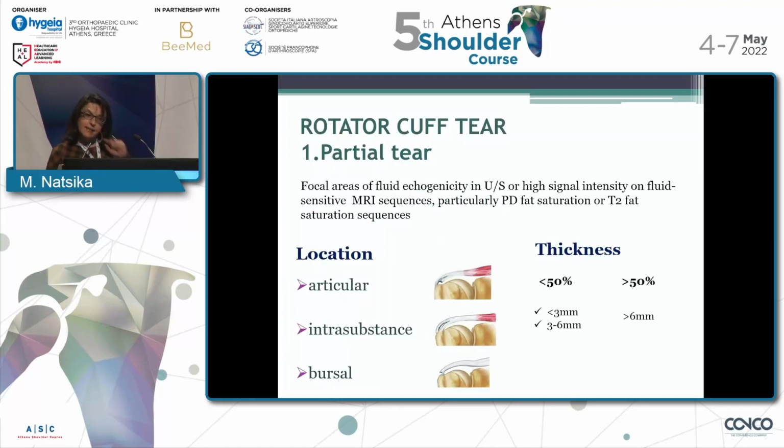Then we pass to rotator cuff tear. And we have a checklist as radiologists to answer, to give the more details we can in order that the surgeon or the clinician will decide how he will go on with his patient.